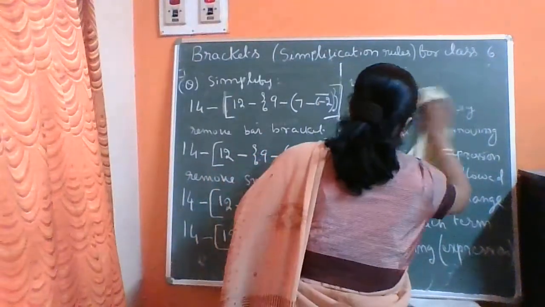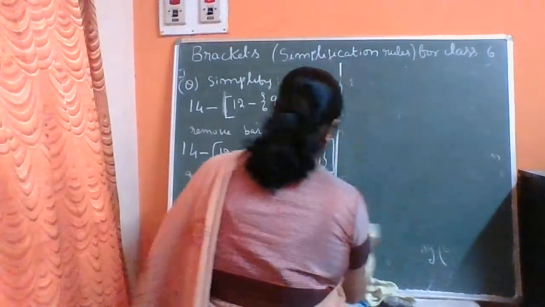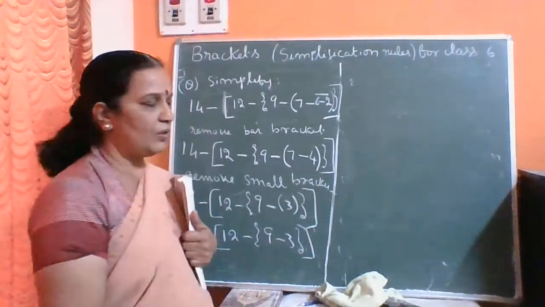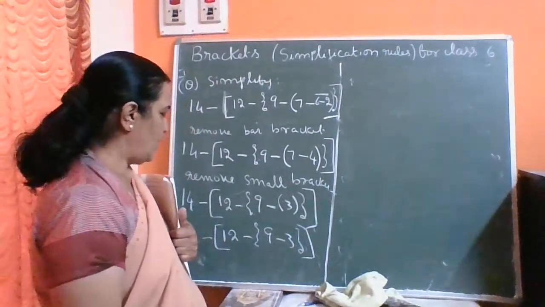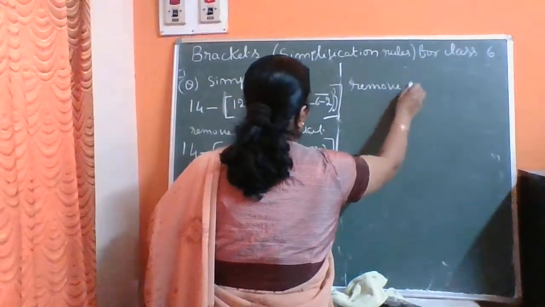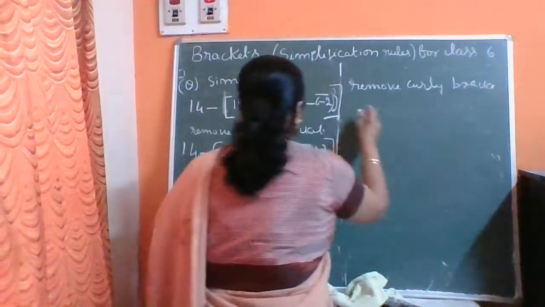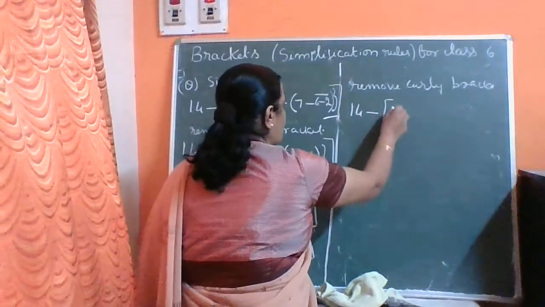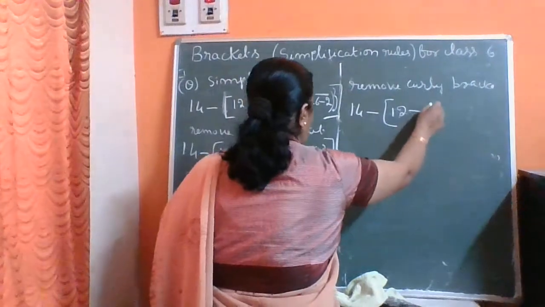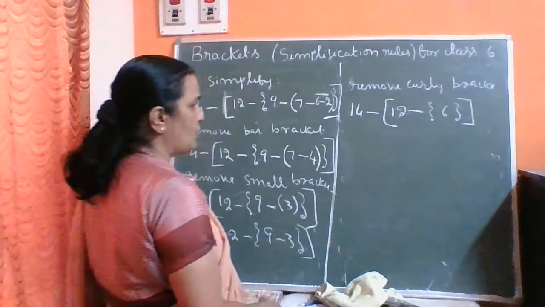Next step. You have to remove the curly bracket, that is 9 minus 3 is 6. That is, remove curly bracket, that is 14 minus square bracket, 12 minus 9 minus 3. 9 minus 3 is 6, and then close it with the square bracket.